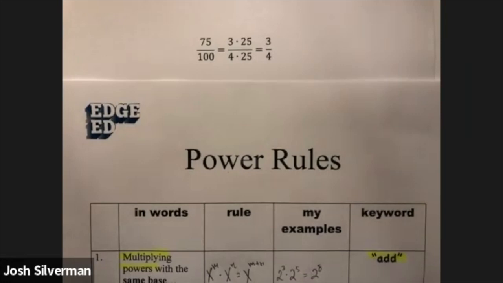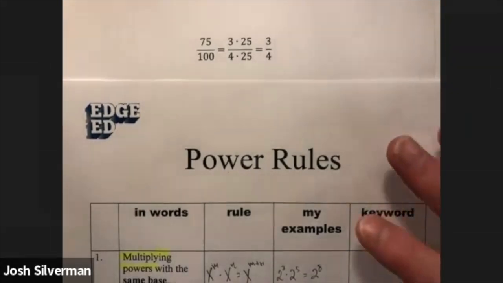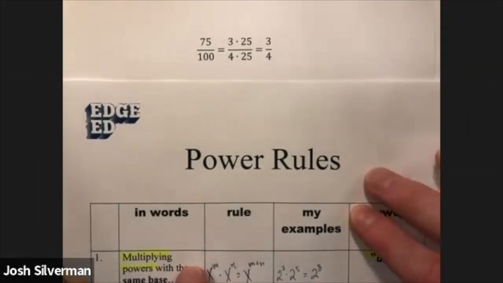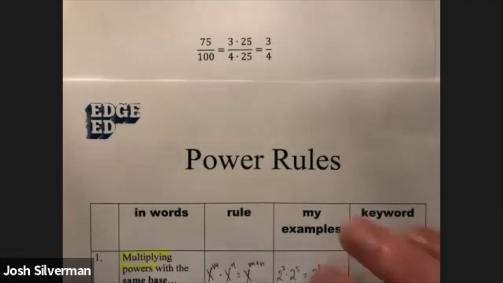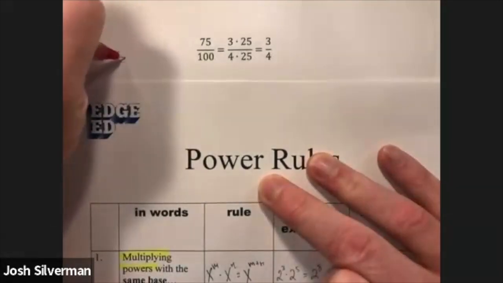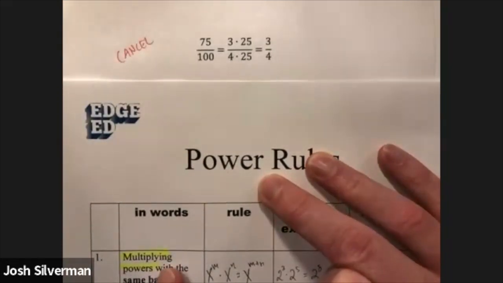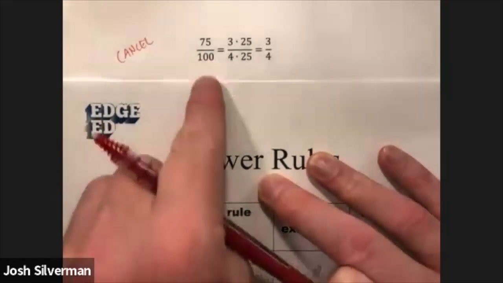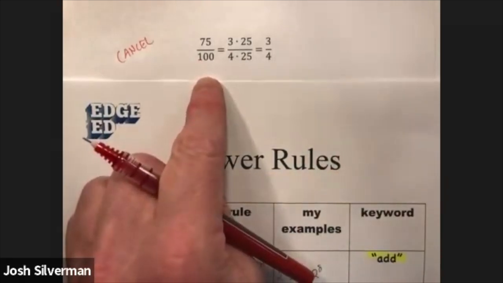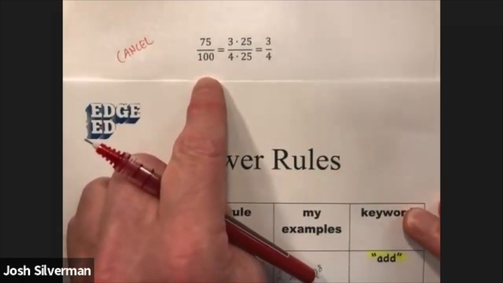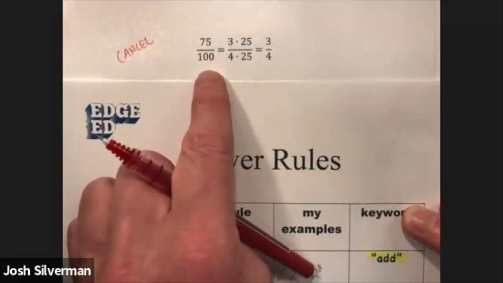All right, before we can talk dividing powers with the same base, we got to talk about fractions. And we've got to talk about this key word, cancel. To cancel. This is what it means to cancel. 75 over 100. Oh, I know that. That's 75 cents out of a dollar. That's 3/4 of a dollar. Okay, but why is 75 over 100 the same as 3/4?